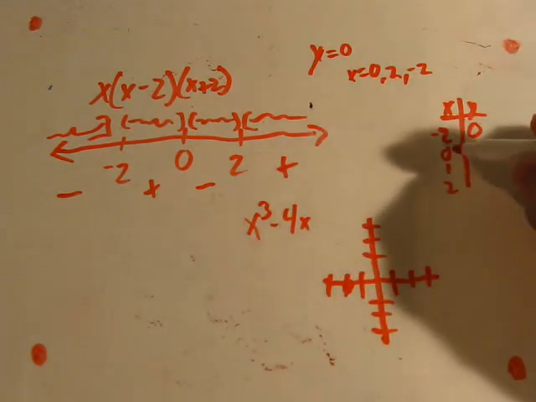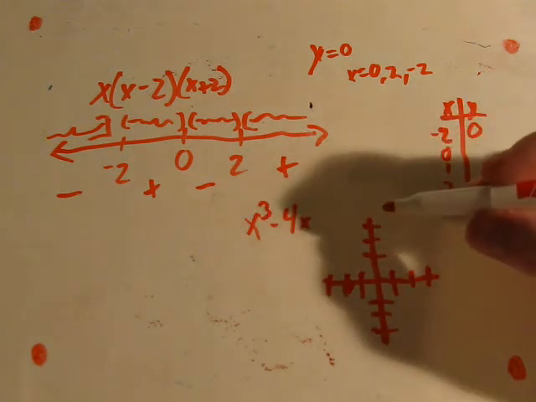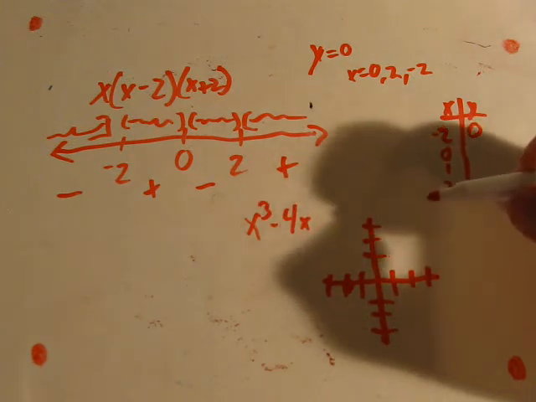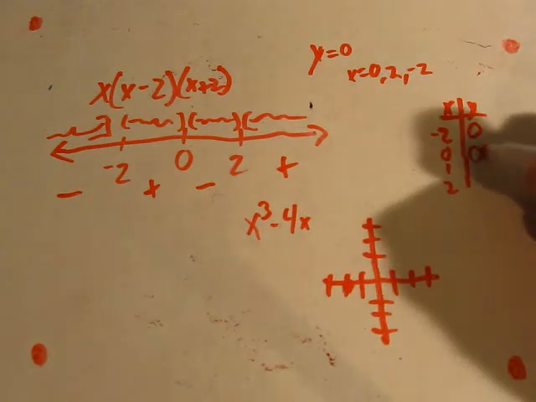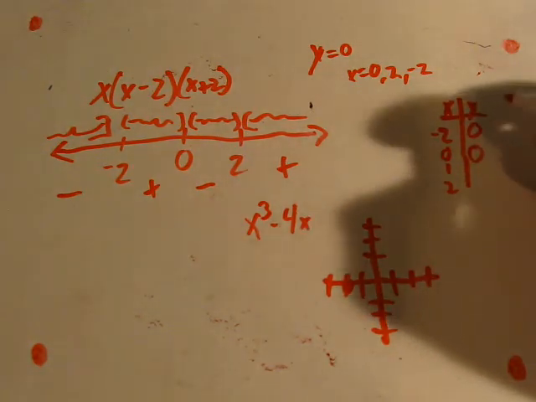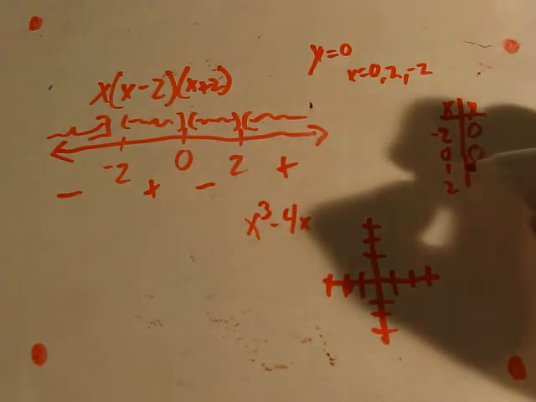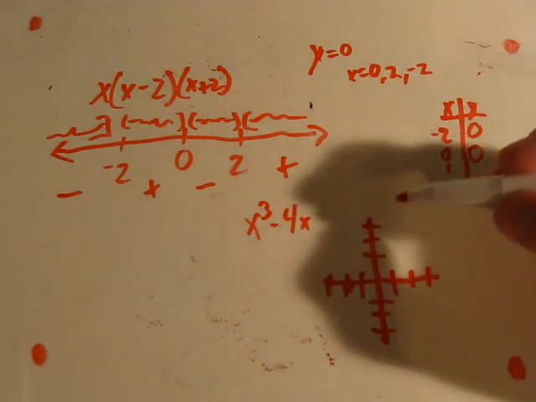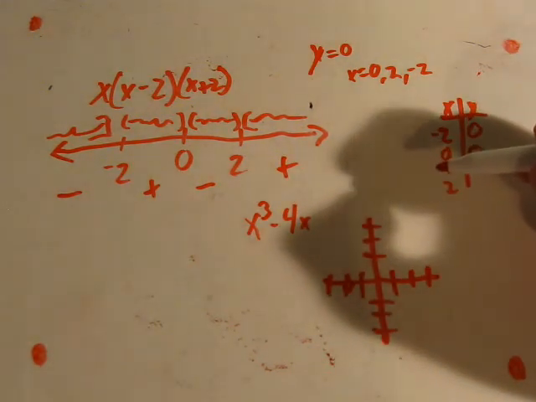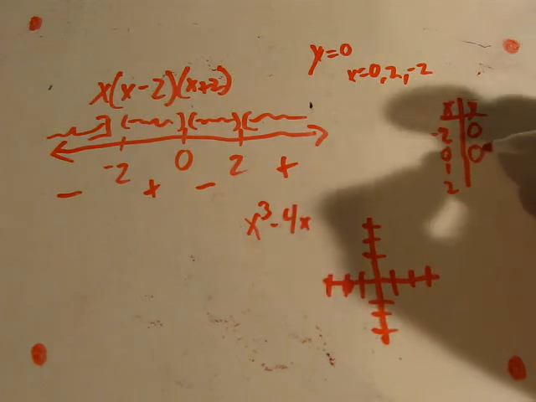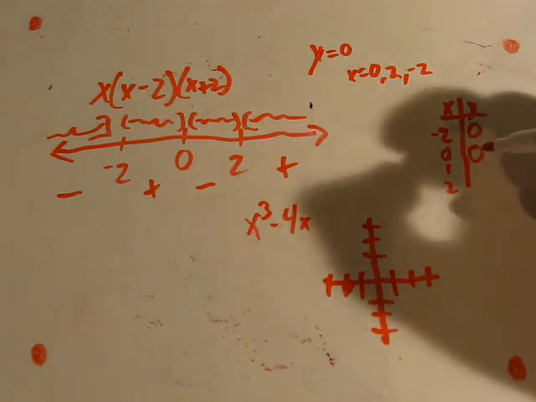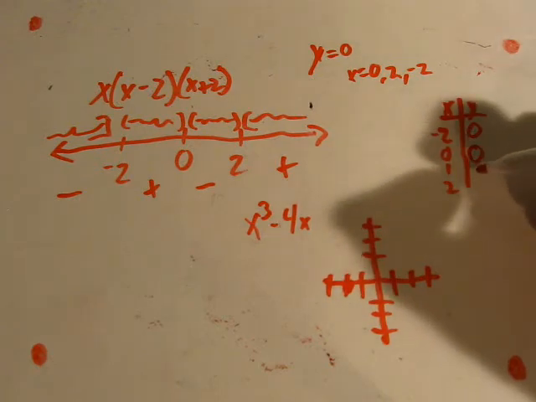If we've got 0, that's 0 cubed, which is 0, minus 4 times 0, which is 0. 0 minus 0 is 0. Now, we go to 1. 1 cubed is 1. Minus 4 times 1 is 4. So 1 minus 4 is -3.